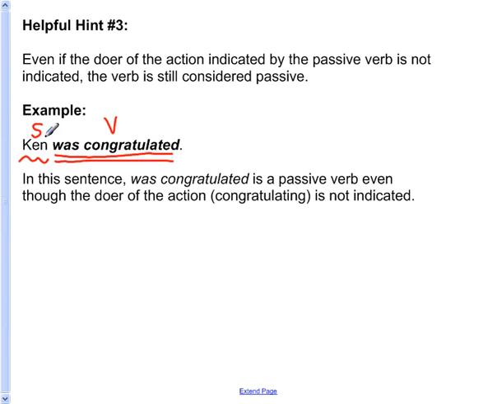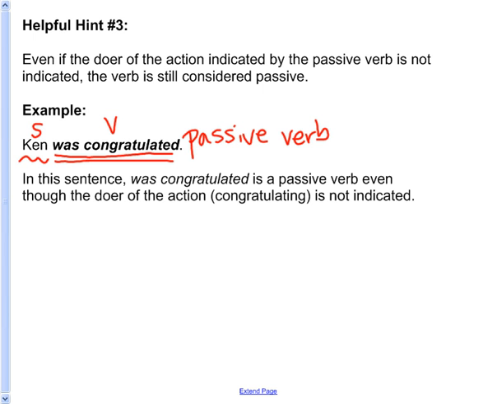Is the subject doing the congratulating? No. Ken, the subject, is not congratulating himself. Someone is congratulating Ken. We don't know who, but that doesn't change the fact that this is still a passive verb, even though we don't know who did the congratulating.